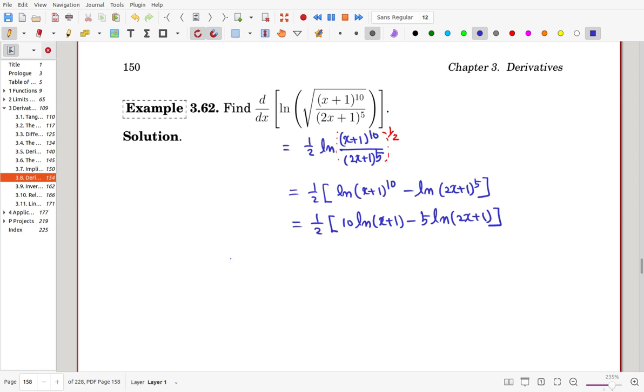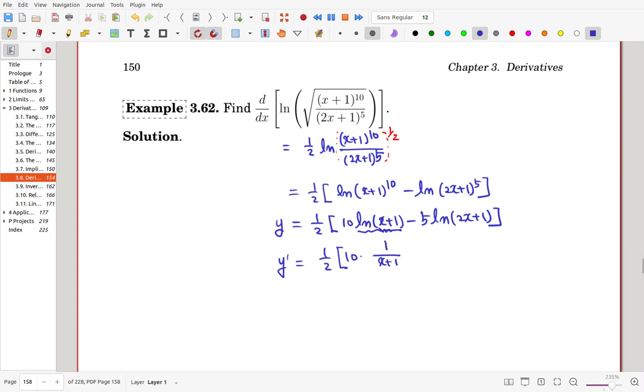Okay, so now that is basically y, and if we try to get y prime, then with the same coefficients there, 10 times... for this term, x plus 1 is a variable, and the derivative of x plus 1 is 1.